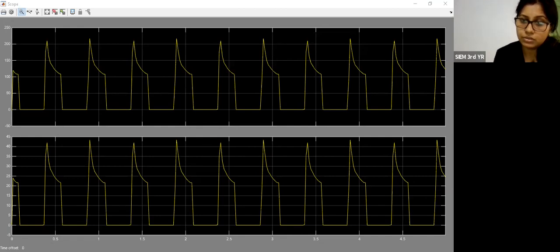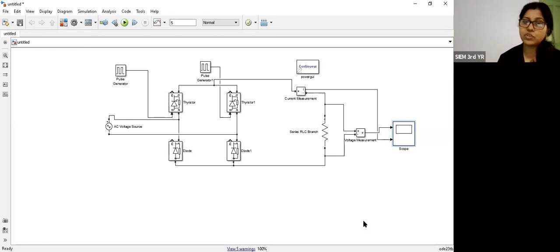So now, so that means this is our symmetrical configuration of the single phase half control rectifier.